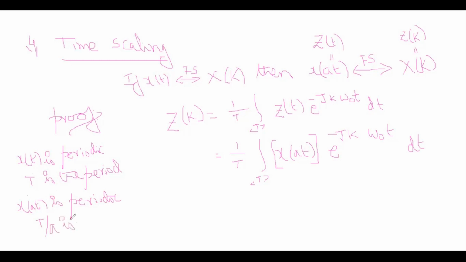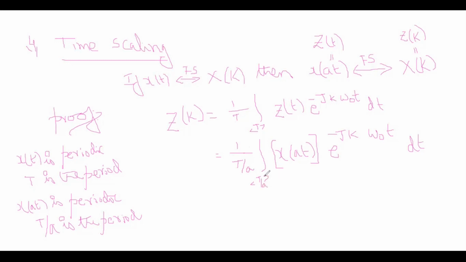T by a is the period. So T by a is the period of x of at. Now I am changing this to T by a in the denominator, and the limits are also T by a.